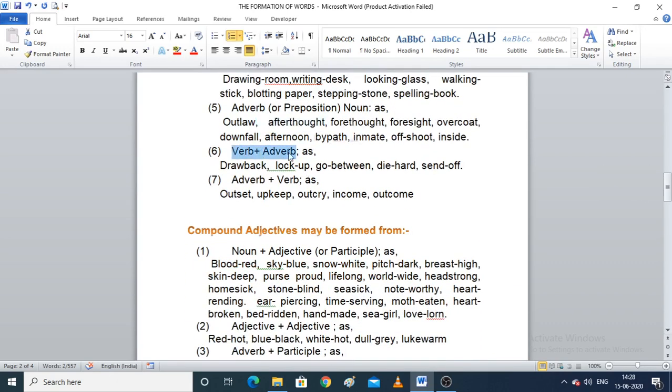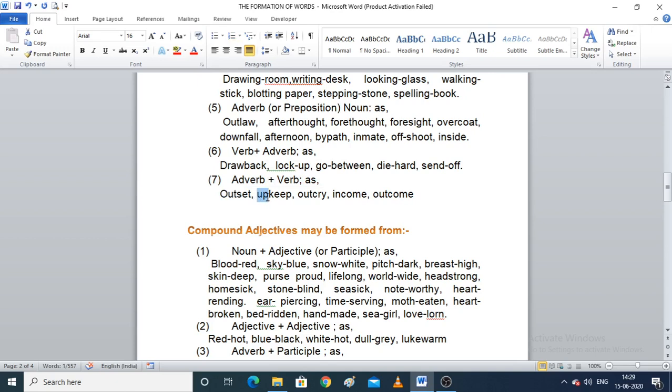Verb plus adverb. Draw is a verb, whereas back is an adverb. Lock is a verb, whereas up is an adverb. Similarly, adverb plus verb. Out is an adverb, whereas set is a verb.